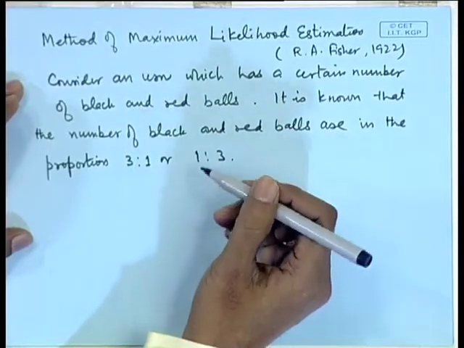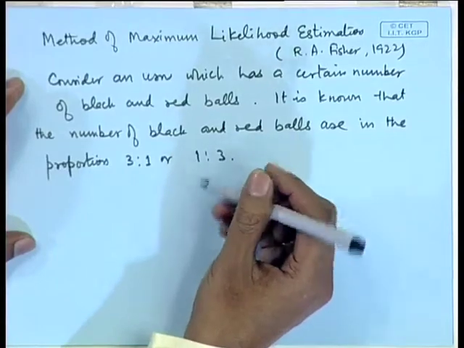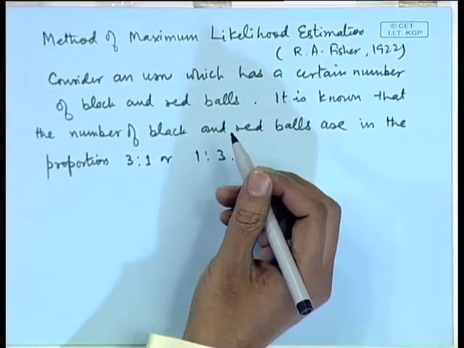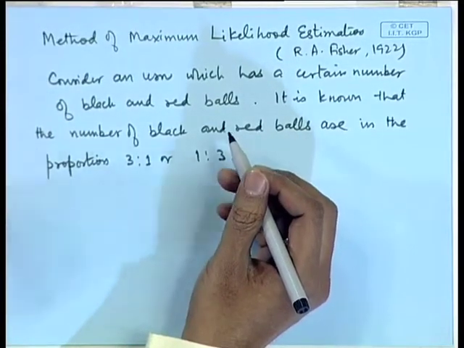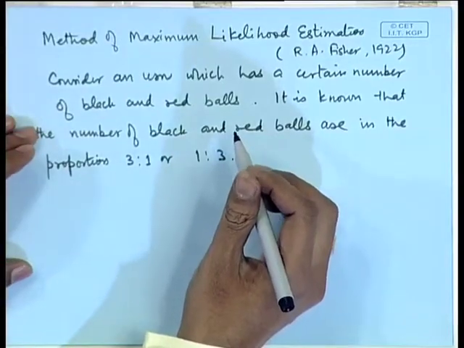That means, we do not know which one is more numerous. So, if we say that there are n balls and x is the number of black balls, then the proportion x by n may be either 1 by 4 or 3 by 4.